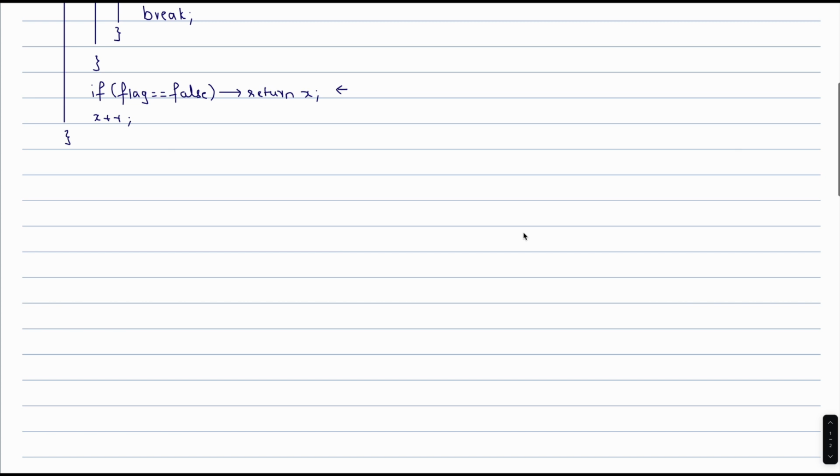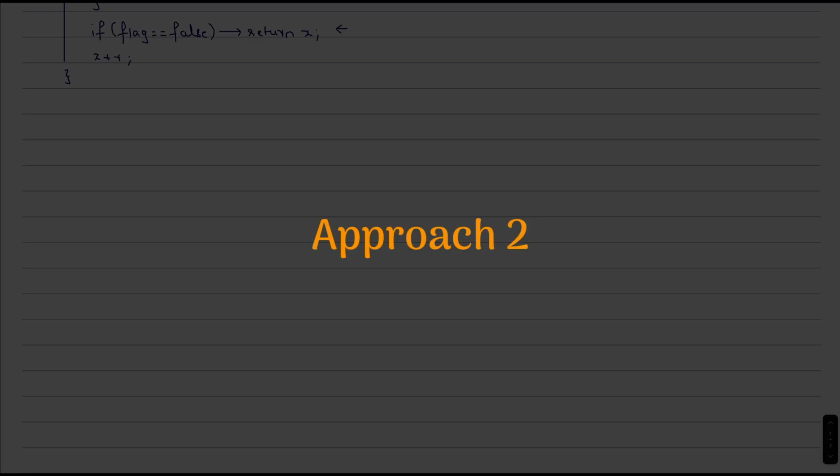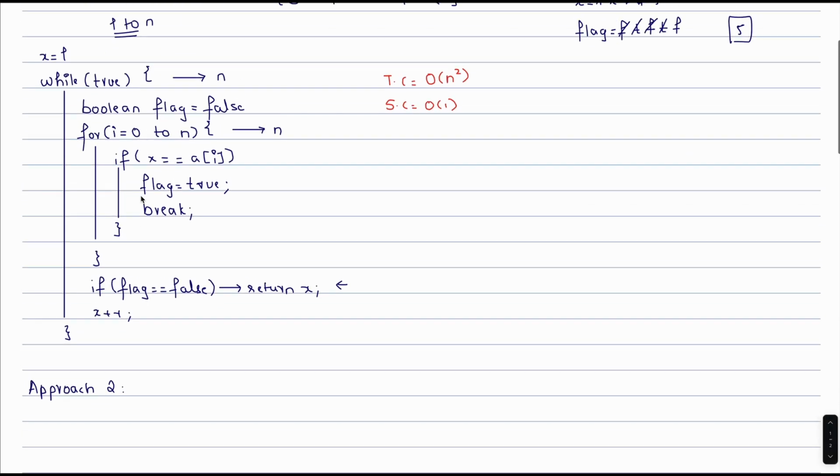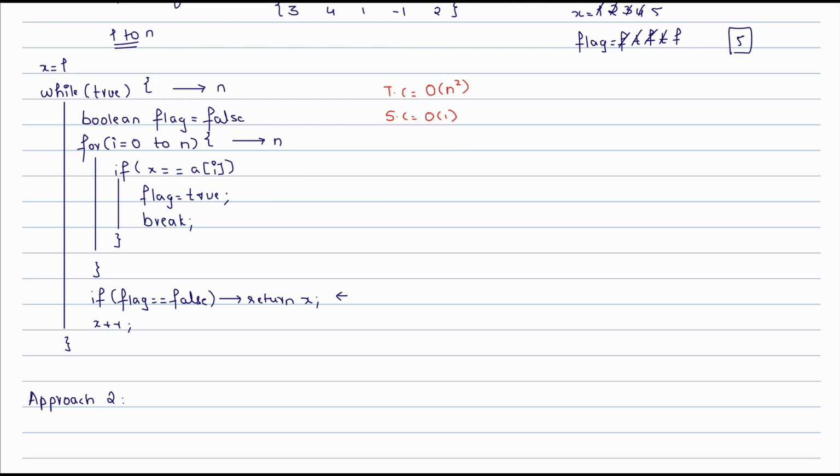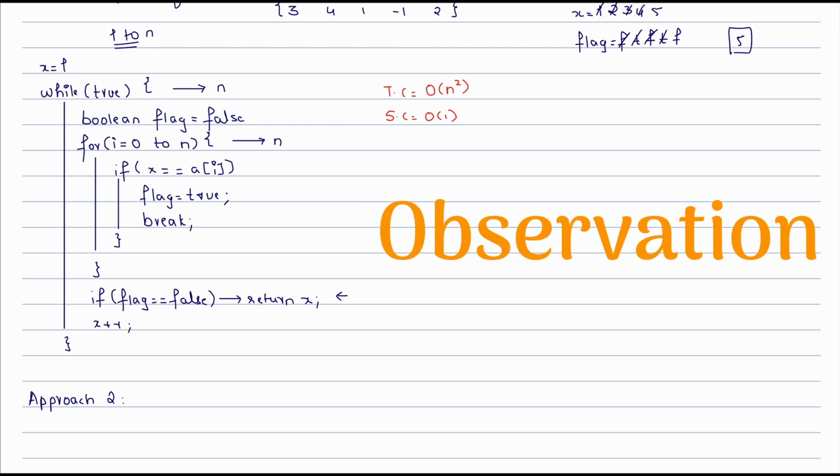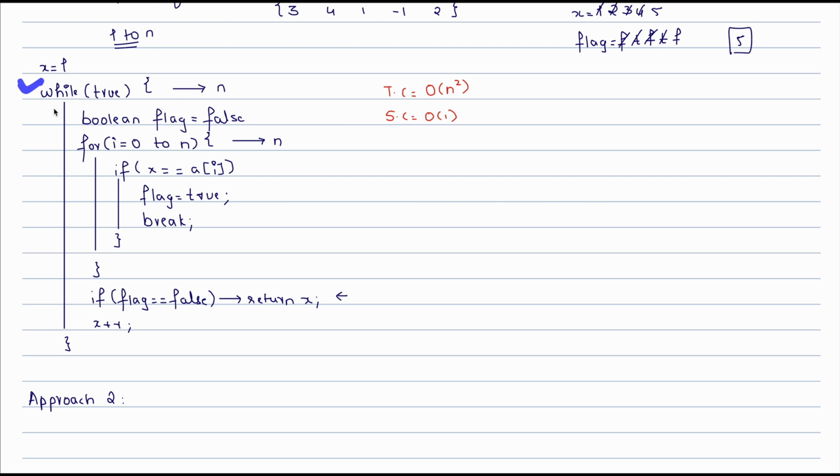Okay, so approach 2. As I said earlier, optimization will only happen if you do the observation. Now in this approach, due to this for loop, the time complexity was order of n square, right? If we somehow eliminate this for loop, it will boil down to order of n.